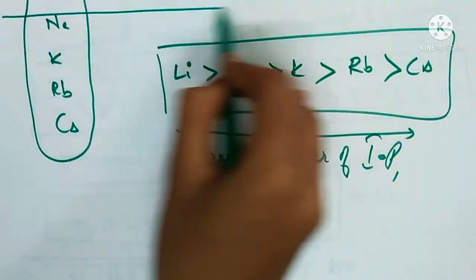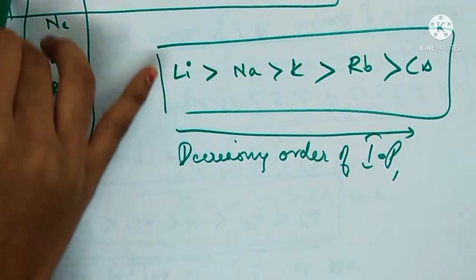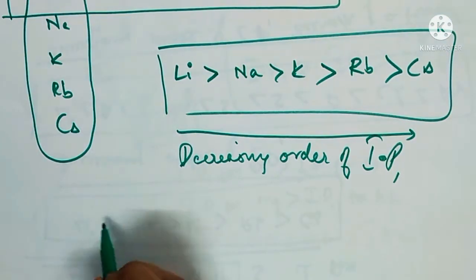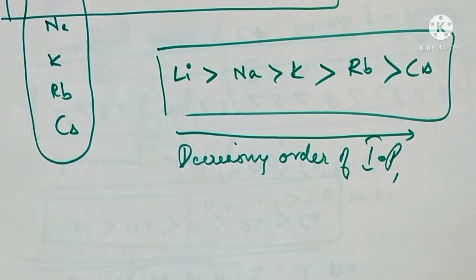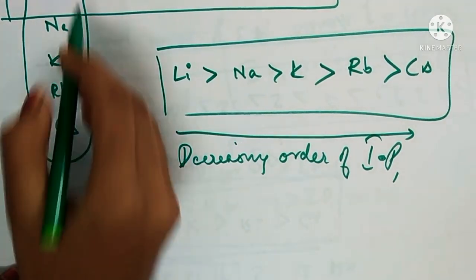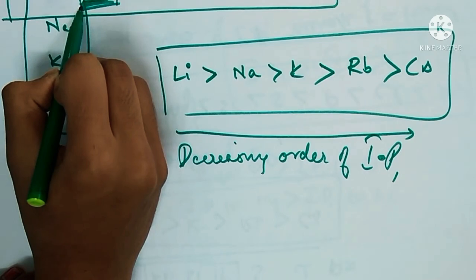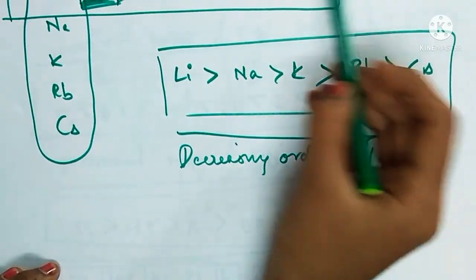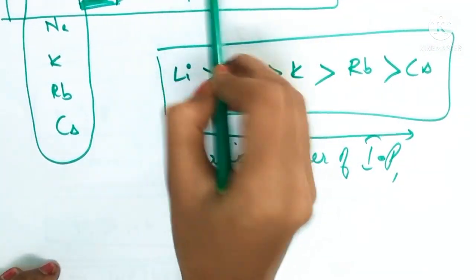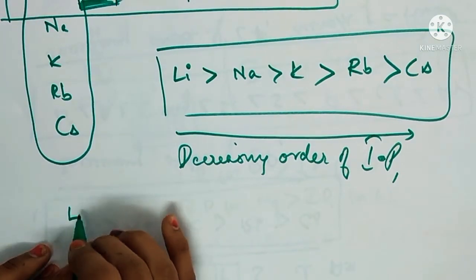And now we'll do across the period. Across the period the IP increases, but there are some exemption cases which I have told for second A group and fifth A group. So the order will be as follows.